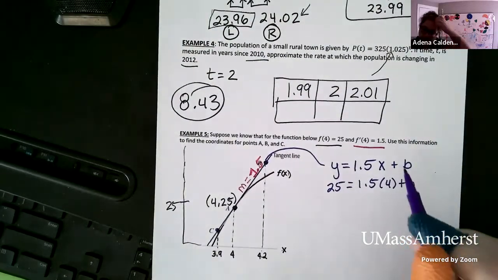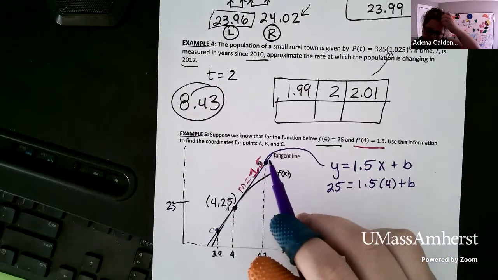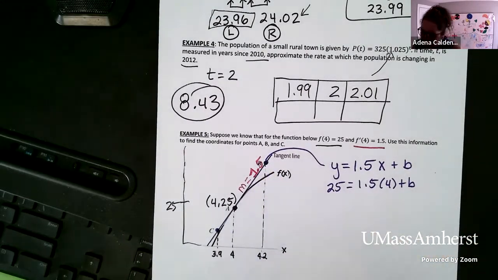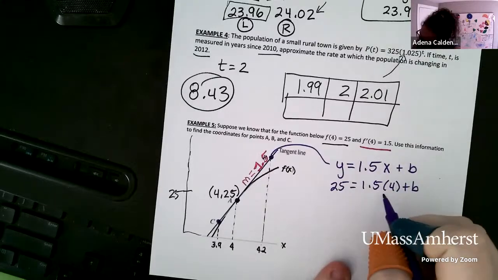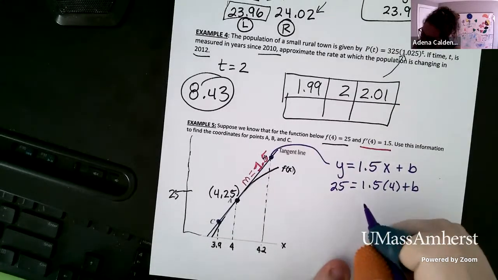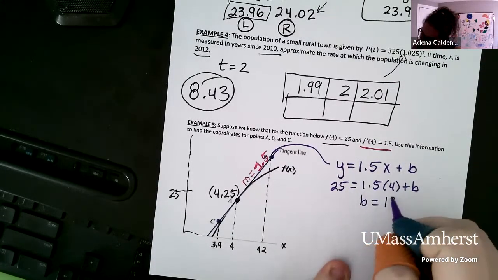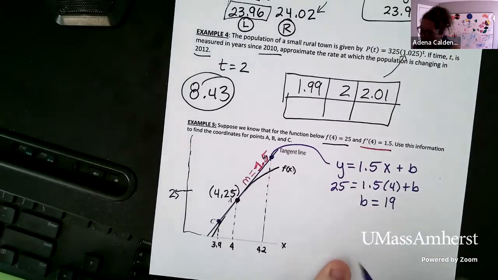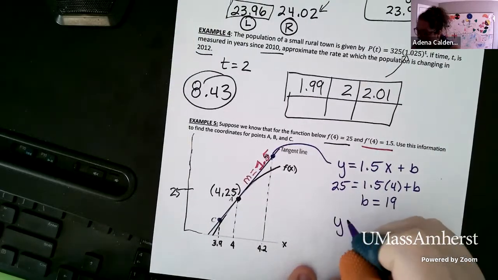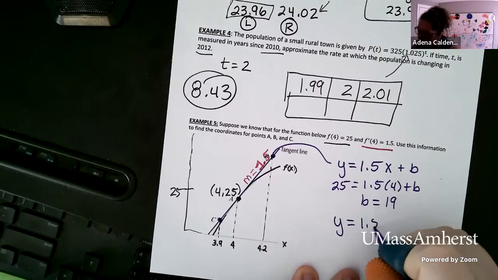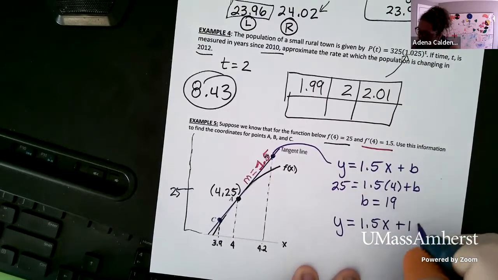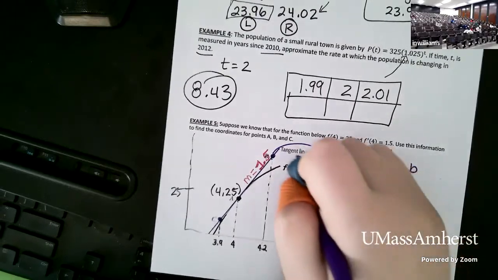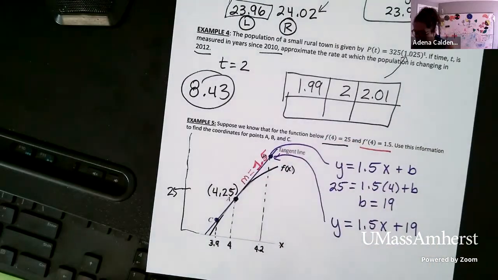Notice that the plus b here is part of the line equation. It's different than the point B that's here. These are different b's. So 1.5 times 4 is 6. So we subtract 6 from both sides, and we get b equals 19. So the equation of my line is y equals 1.5x plus 19. And that's the equation of this tangent line.